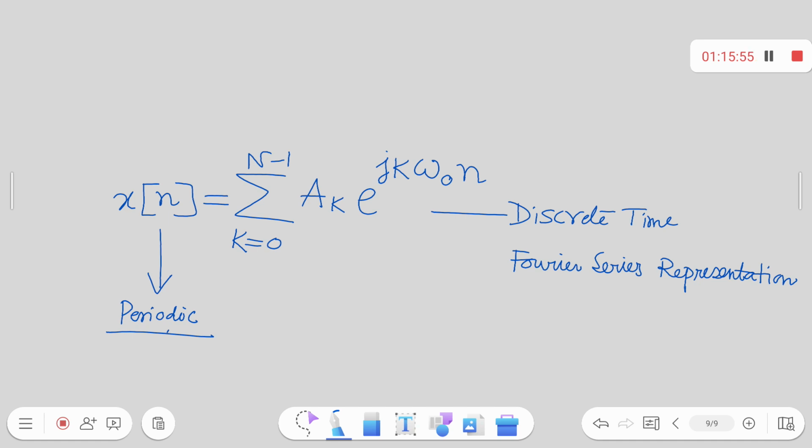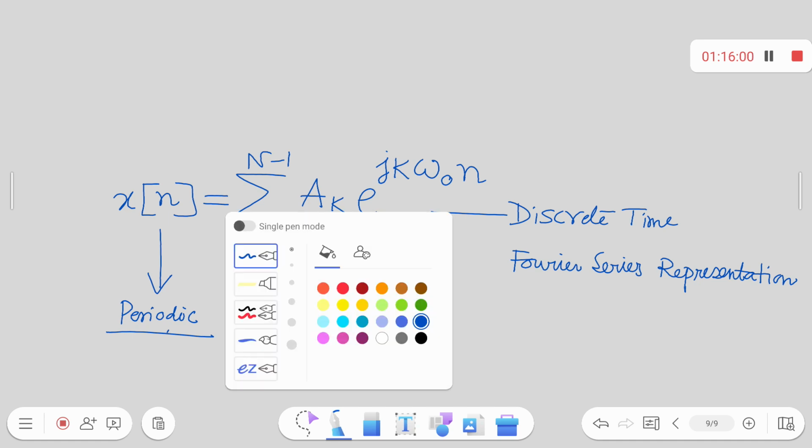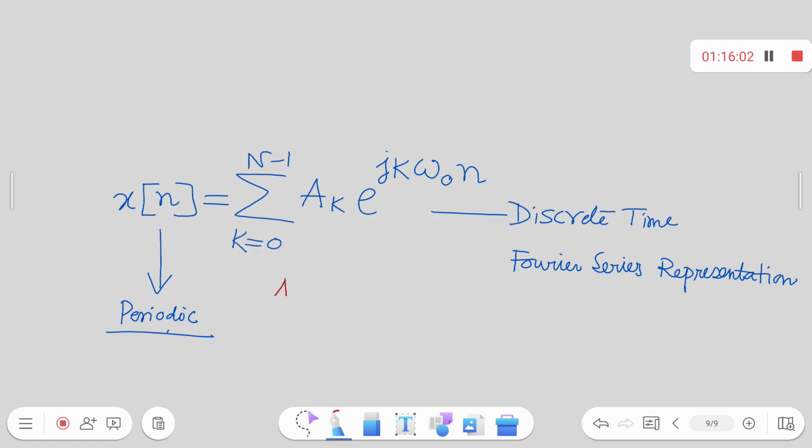Basically, if I have only one frequency, for example a_k e to the power j omega_k n, and this is provided as input to a system with impulse response h of n, what is the output?